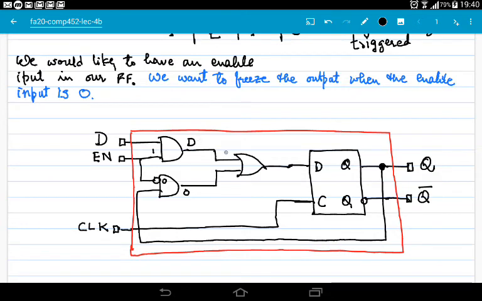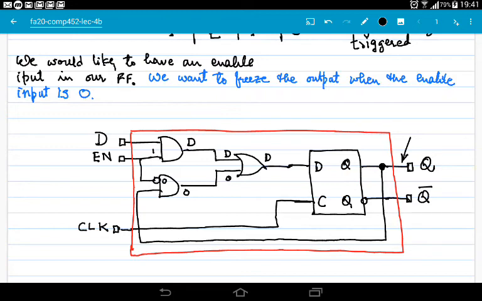So this D comes here, whatever the value of D. Here we have 0, so 0 or D is D, and this D is presented to the input of the latch. So when the falling edge comes, this D is latched to the output.